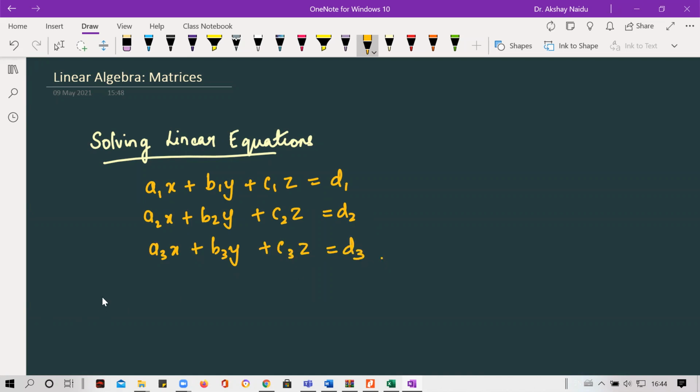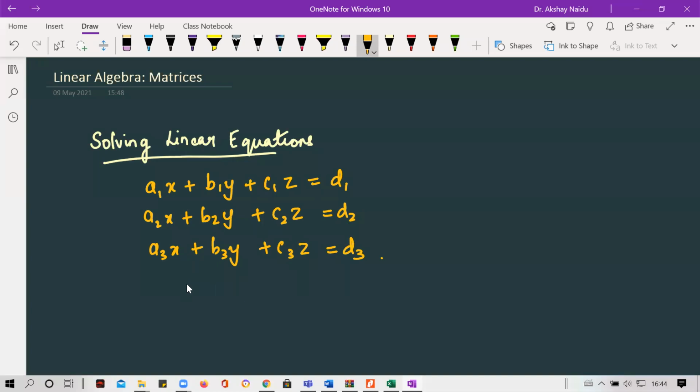So this we know is one of the simplest forms of linear equations, and then we need to solve for x, y, and z. All right, we solve like this. This is linear equations.